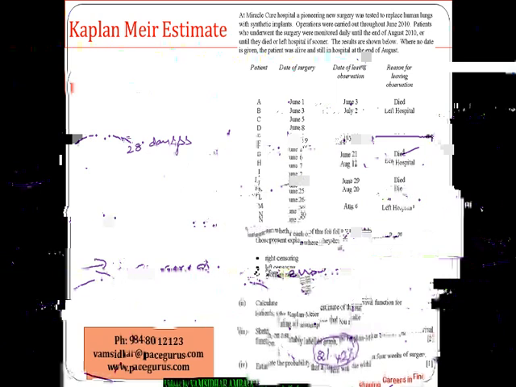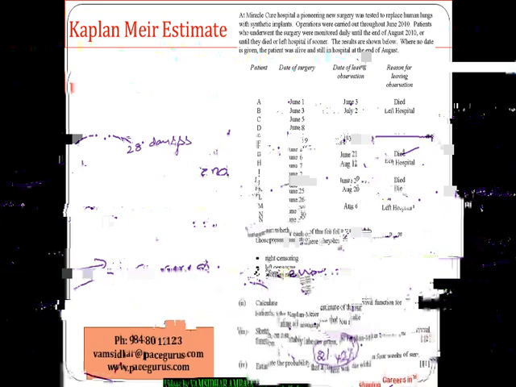Either that's the end of the study, or somewhere in between the patient could have been withdrawn from the study as well. And after all that, these are the survival numbers that are available with us.